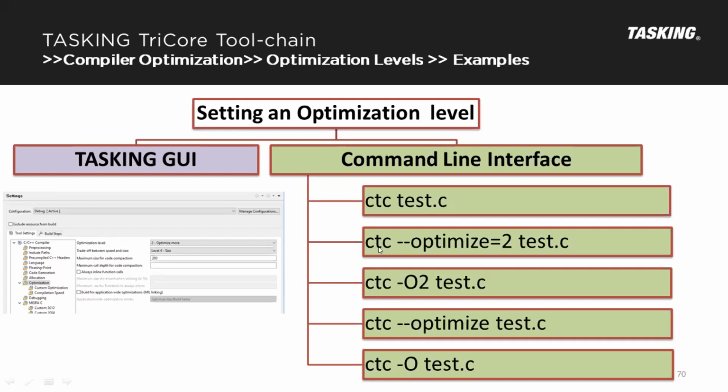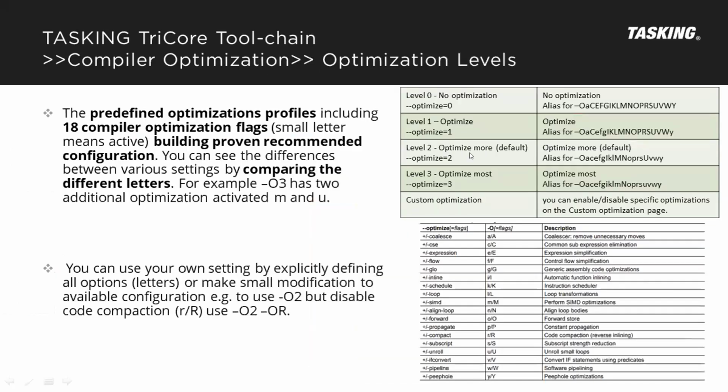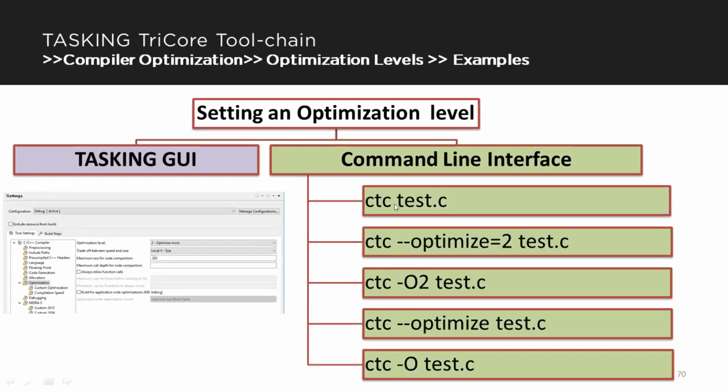By default, this will be optimized for the default optimization level, which is level 2. As I mentioned, this is the default optimization, that's why I didn't specify anything here, and the compiler considers it the default.